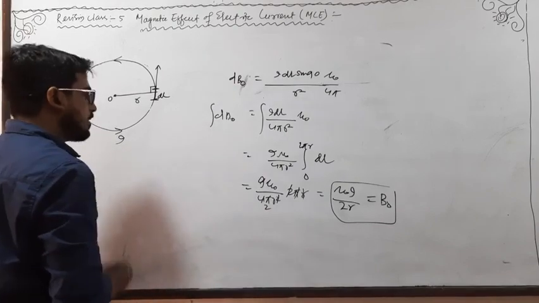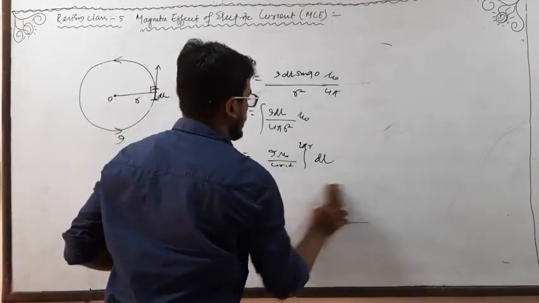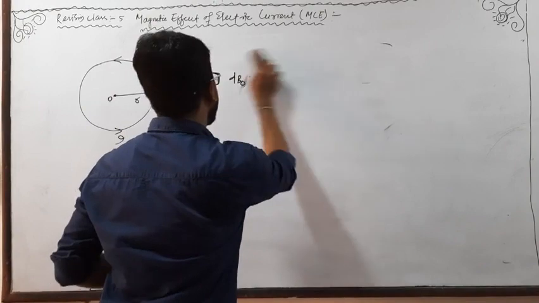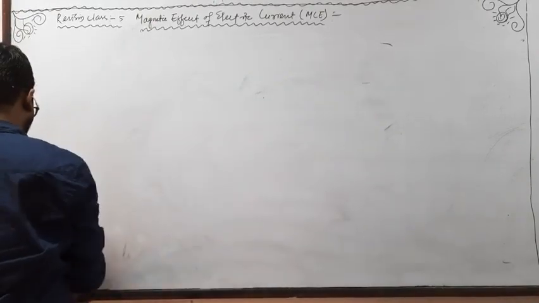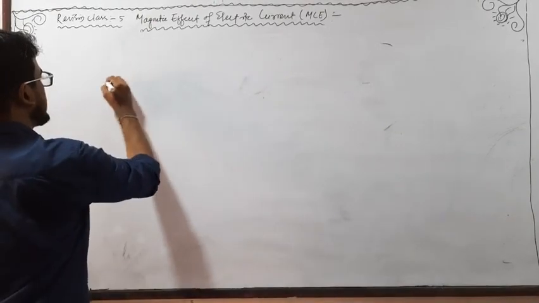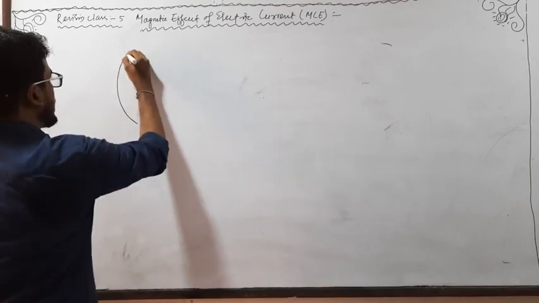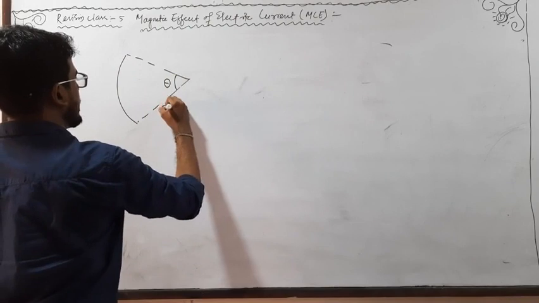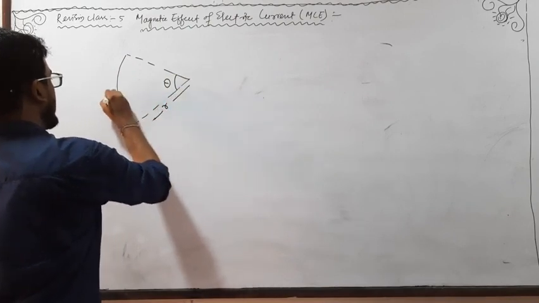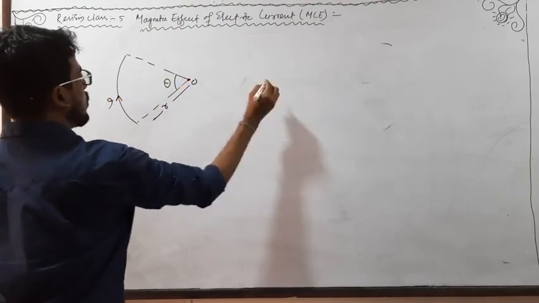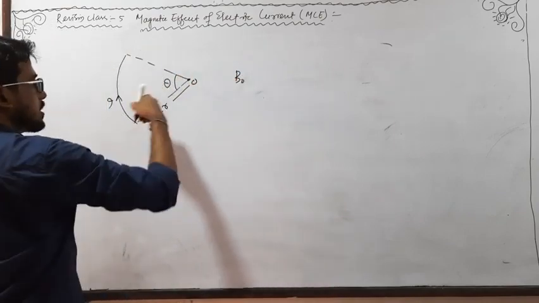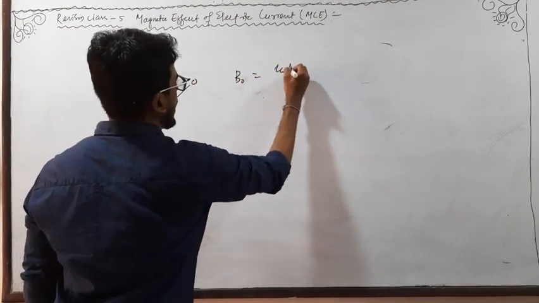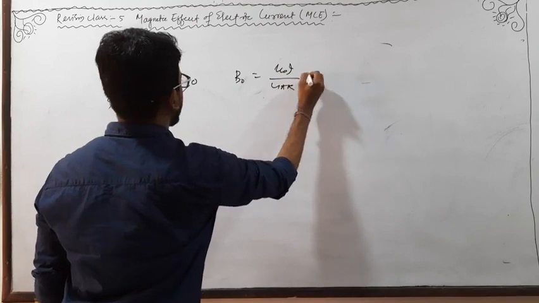Clear? So if we want to find out the field for any circular arc like this, where it makes an angle theta at the center, the radius is r and it carries current I, then the magnetic field strength at O due to this circular arc will be mu naught I by 4 pi r into theta.